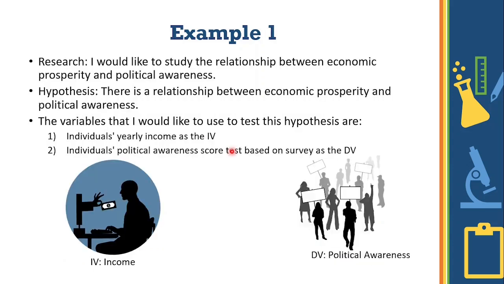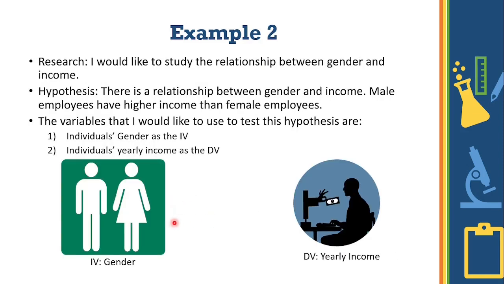Now, while in example one both of the variables are ratio or numerical data variables, in example two, while our dependent variable is a ratio or numerical data variable, our independent variable, gender, is a categorical or dichotomous variable where we are testing for the change between two gender typologies and how those relate to their income, and to see if there's any relationship between the income of both of the genders.